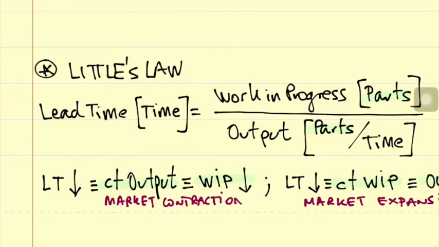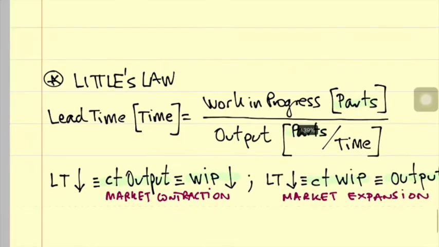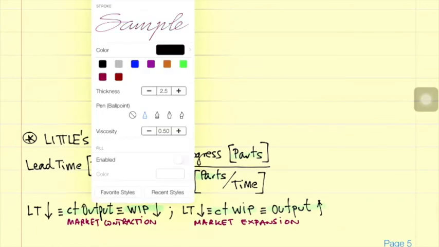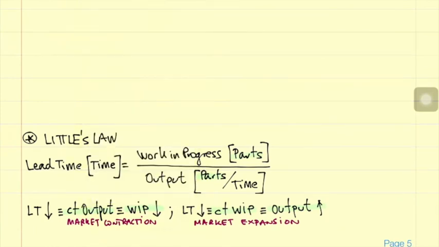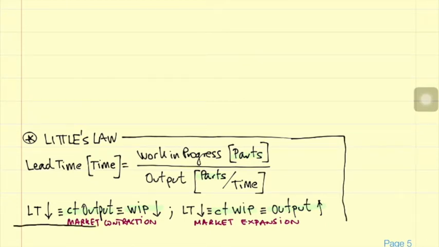So depending on how the market behaves, Little's Law helps you keep your process under control. This is very important. Okay, so you need to understand this law in detail. It looks easy, but we will see some implications of it later on.